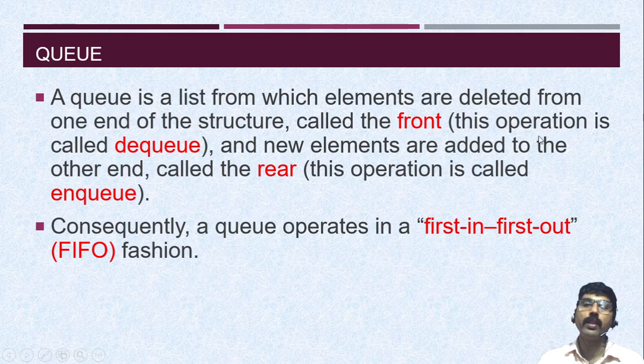The deletion operation is called DQ, and the insertion operation in the queue is called NQ. In a queue, the data which is inserted first is removed first. So it is also called first in first out, in short, FIFO. The first element inserted is removed first. So it is called FIFO.